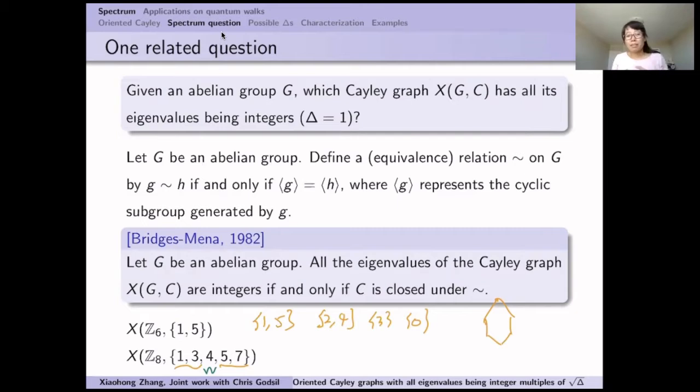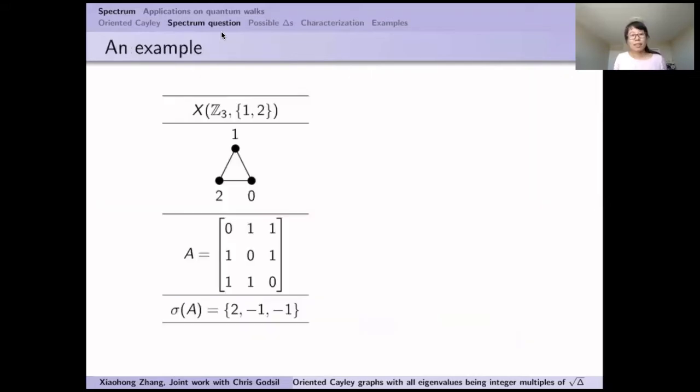So we want to check oriented Cayley graphs. Let's start by checking some examples first. Again, if we take this Z3, this is an equivalent class. They are generators, and 1 and 2 are negatives of each other.